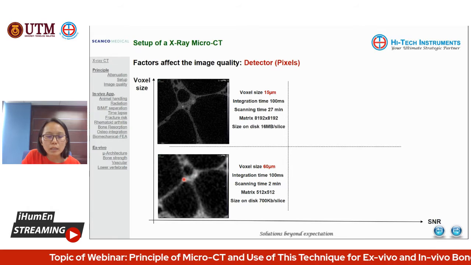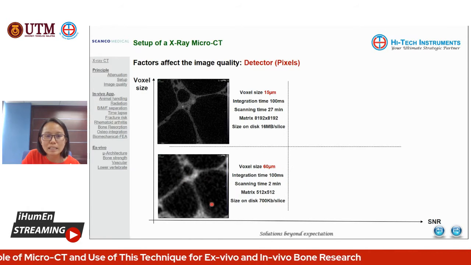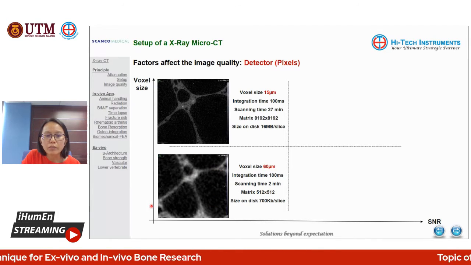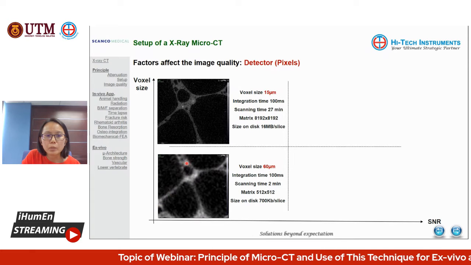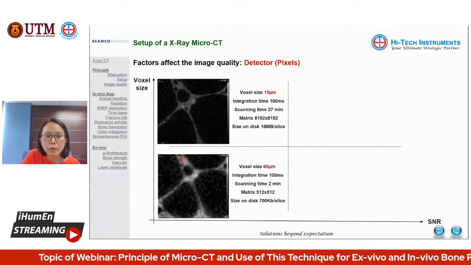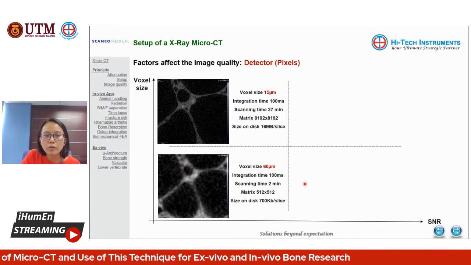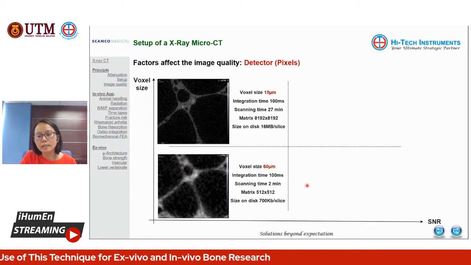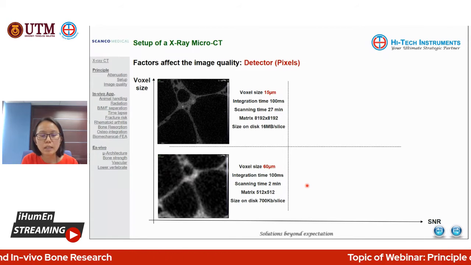Whereas the one that we set with 60 micron here, we can start seeing the graininess, it's very noisy, and the sharpness of the trabeculae itself has disappeared. You couldn't really differentiate well between the boundary, or where the bone itself is and where the background itself is.